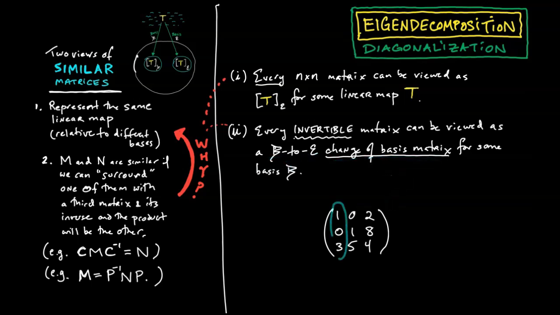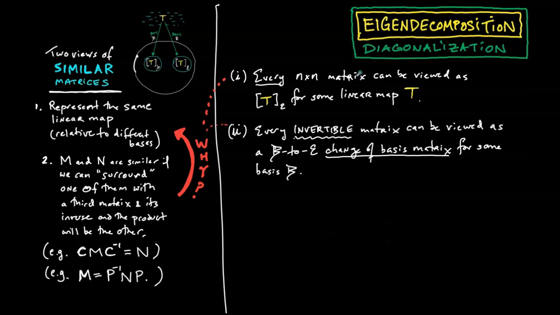The first column is the first basis vector's standard coordinates, the second column is the second basis vector's standard coordinates, and the third column is the third basis vector's standard coordinates. So sure, this is the matrix that changes from B coordinates to E coordinates.